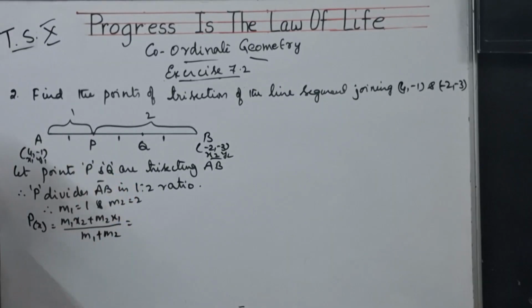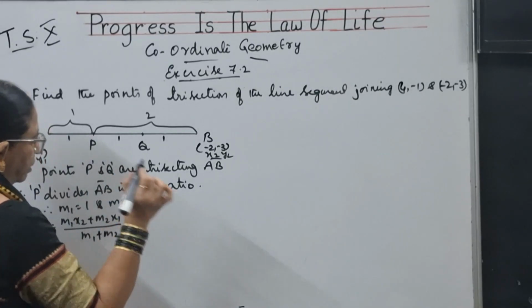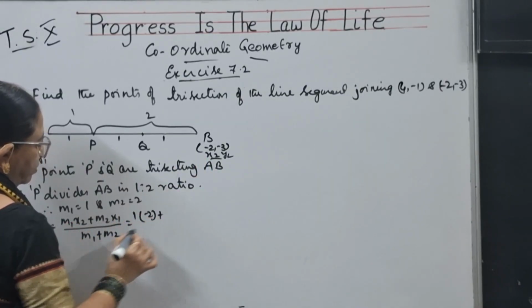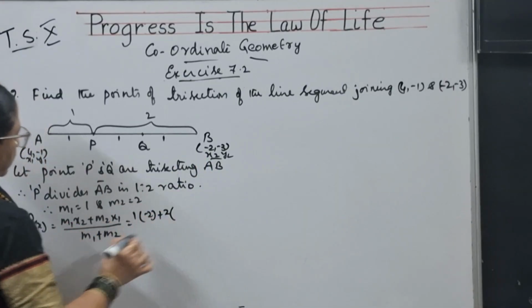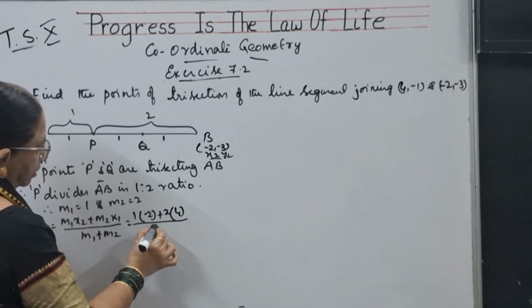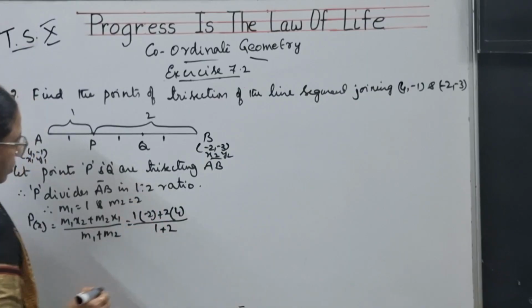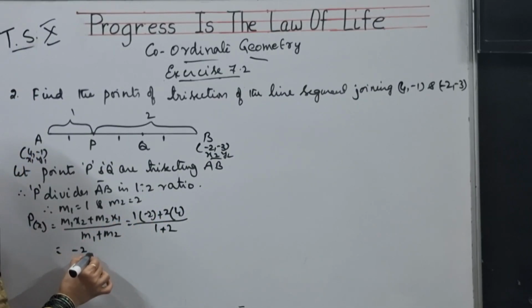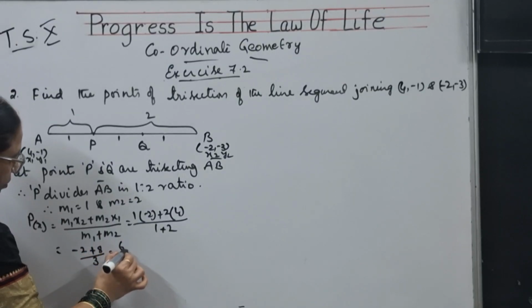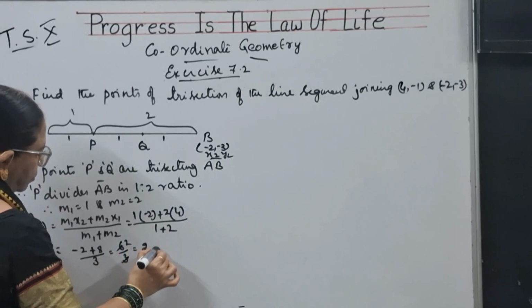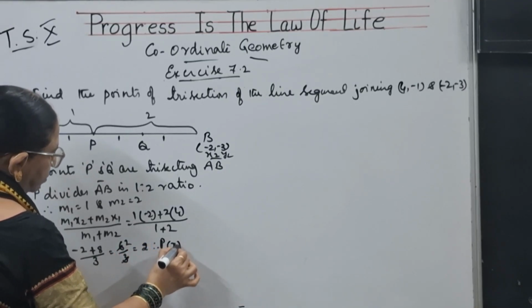So this is equal to m1 is 1 into x2, x2 is minus 2, plus m2 is 2 into x1, 4, divided by m1 1 plus m2. How much are you getting? 1 into minus 2 plus 8 by 3. That is equal to 6 by 3, that is 2. So P of x is equal to 2.